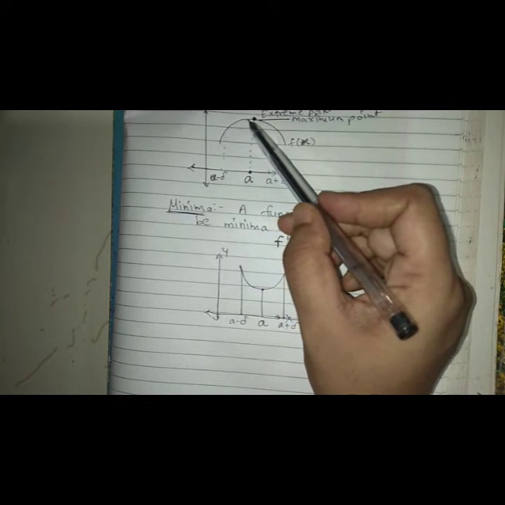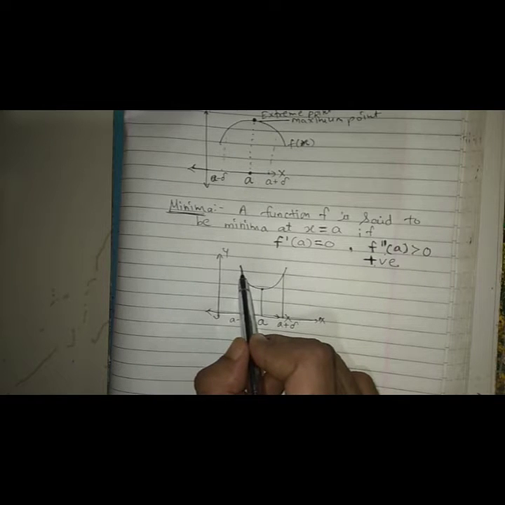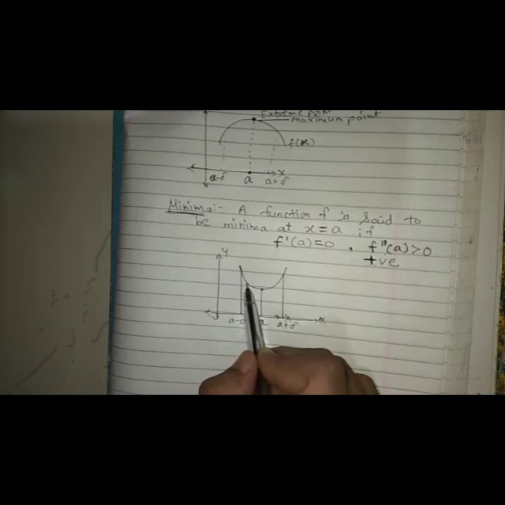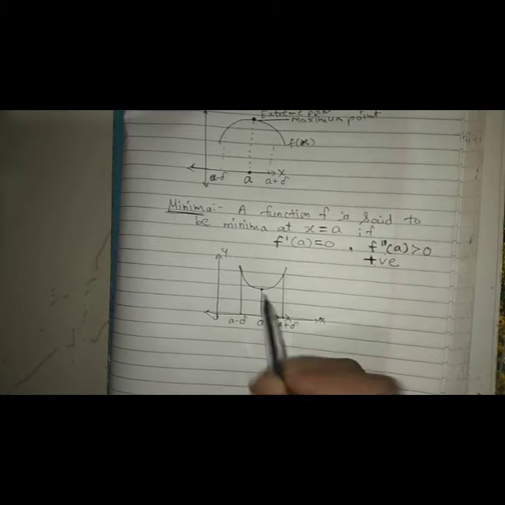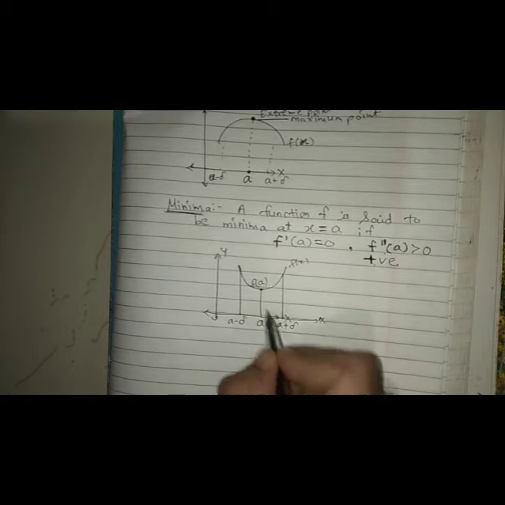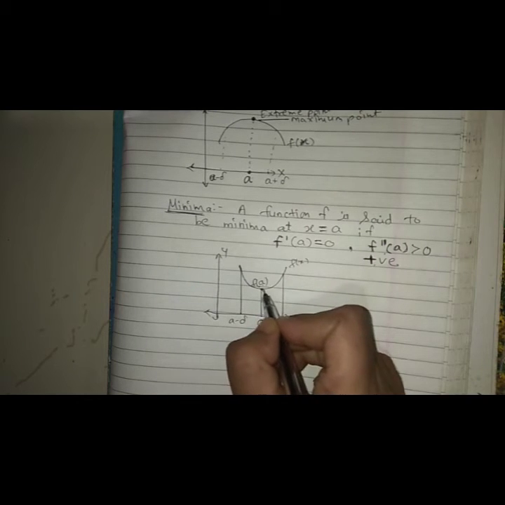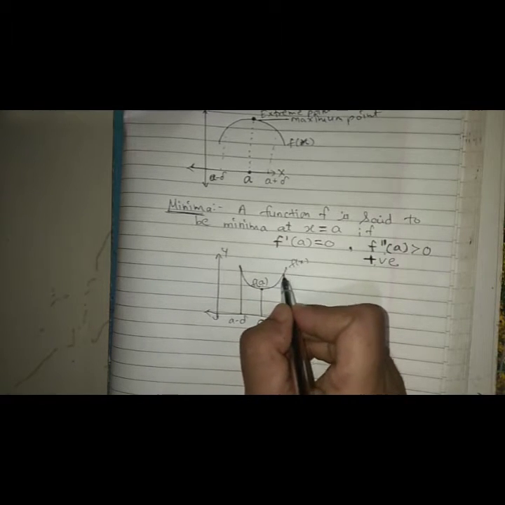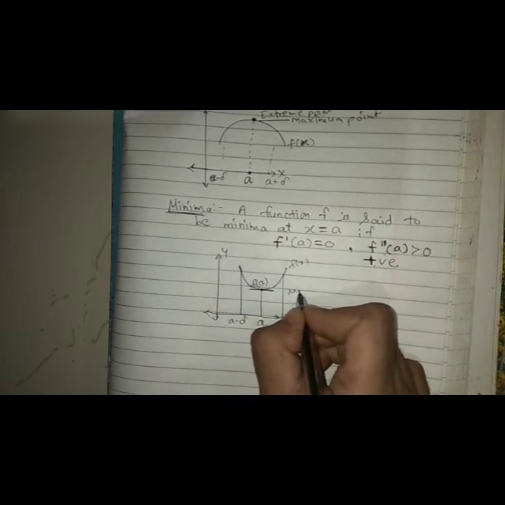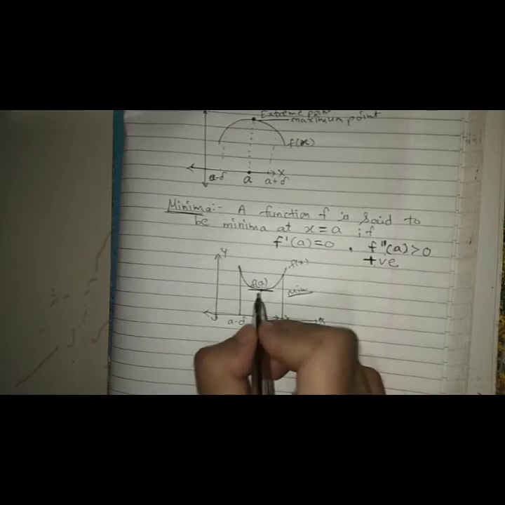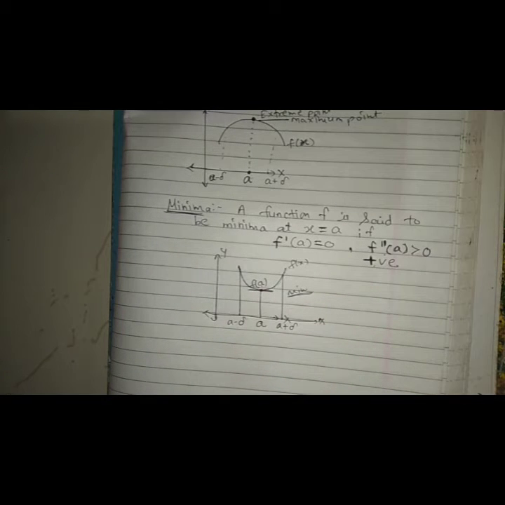It starts from the maximum point and reduces, reaching f of a at x is equal to a, and then again increases. We have to find the minimum value, the smallest value of this function.